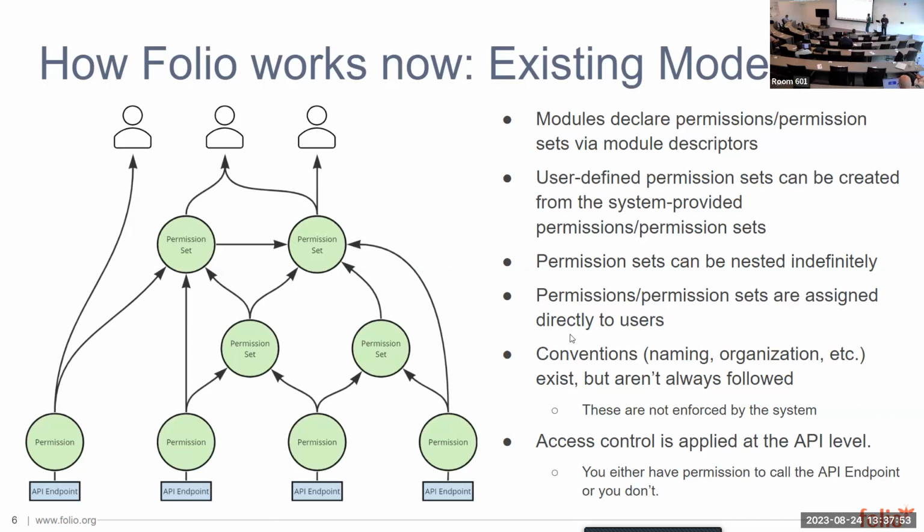What else am I missing here? Oh, very important, the last bullet here: access control is applied at the API level. So basically what it boils down to is, via some combination of these permissions or permission sets, you as a user have the ability to call an API or you don't. That's the level of control that you have.